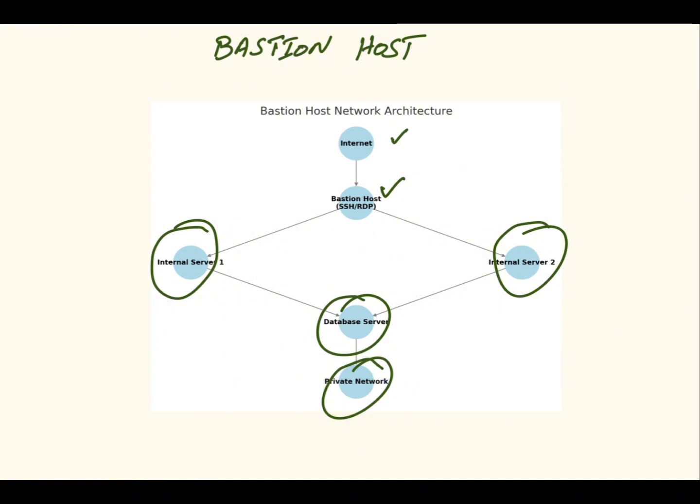The user must authenticate here first before accessing private resources on internal server 1 and internal server 2. They are not supposed to access internal or private servers directly, so they can only be accessed through the Bastion host.